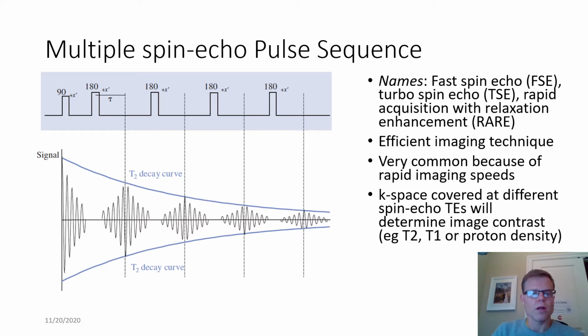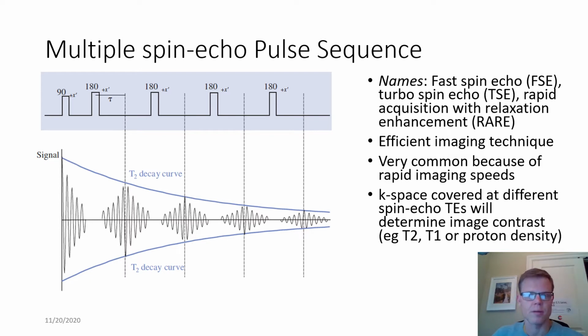So a fast spin echo pulse sequence is basically a sequence of multiple spin echoes, as illustrated here and as we have already alluded to in the previous chapters on spin echo imaging.